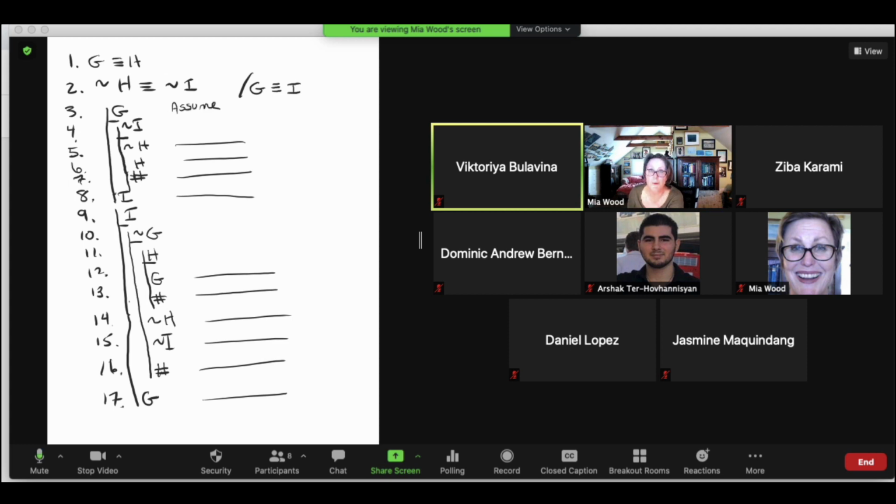So we've got 2 assumptions, one right after the other, right? That means we've got a subproof and then a nested subproof. The nested subproof ends with a contradiction, right? And then we have another double nested subproof, right?